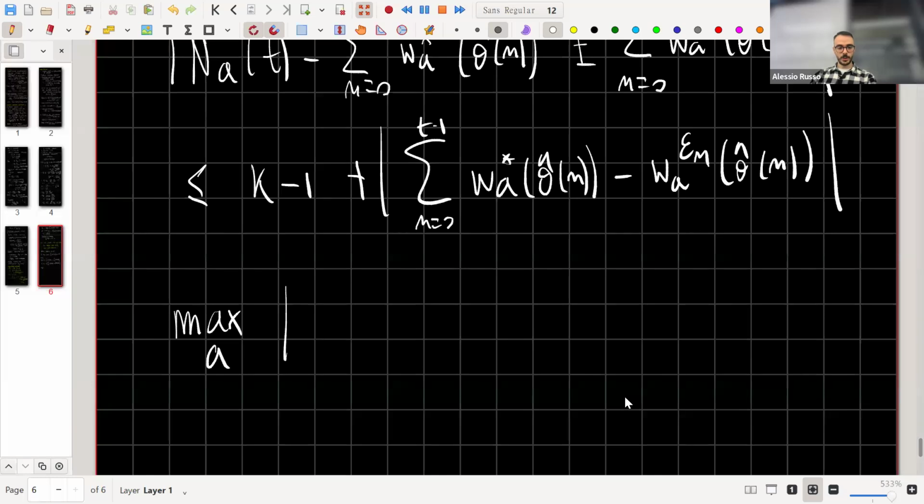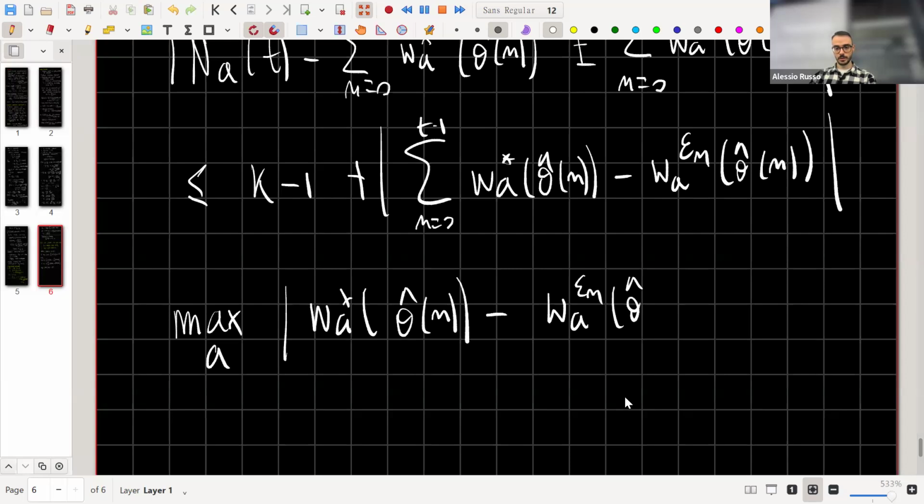We can also show that we can upper bound the difference between the W star and the W epsilon. Since each arm needs to be sampled at least epsilon n, this difference can be at most K minus 1 epsilon n.